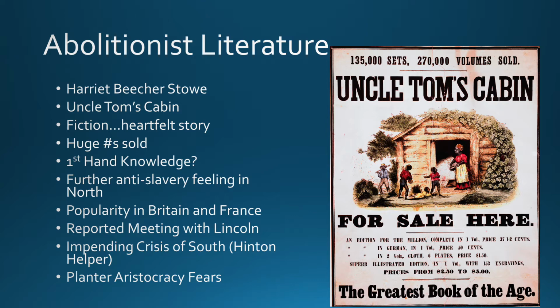There was a fear by the planter aristocracy in the South after this book was written that maybe non-slave-holding whites would try to retaliate against them. Once again, similar to Uncle Tom's Cabin, more people read this and other stuff like that.